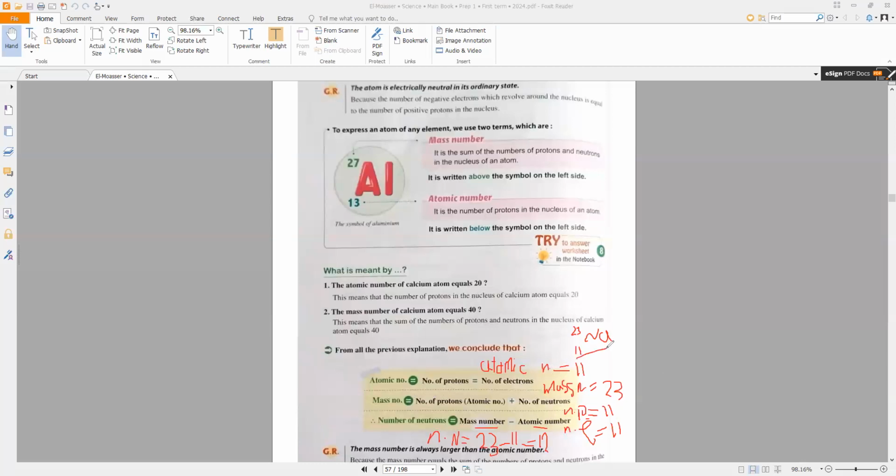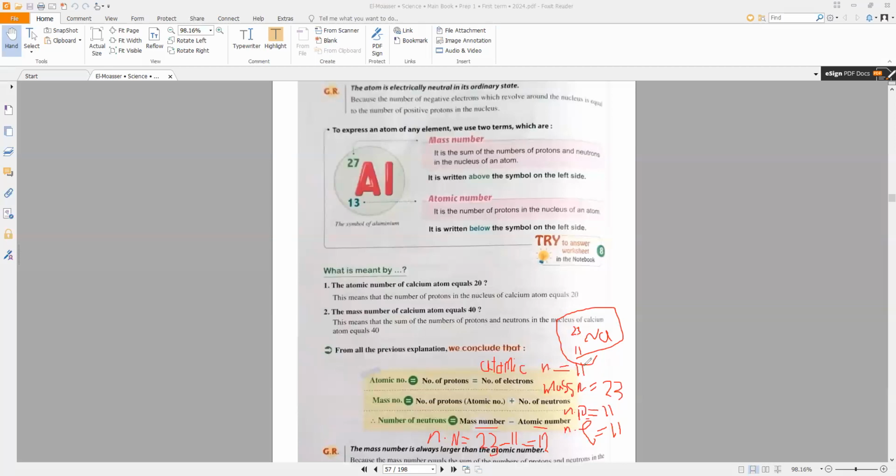This is the example. If I give you this symbol, it is sodium, Na, 11 and 23. I want to calculate the atomic number. The atomic number equals 11. This number is the atomic number. The mass number is 23. This number is the mass number.